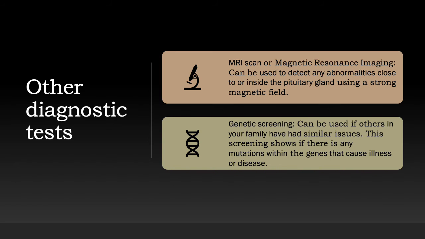And then also genetic screening can be used in your family if someone has similar issues. This can see if there are any mutations within the genes that are responsible for causing the disease.